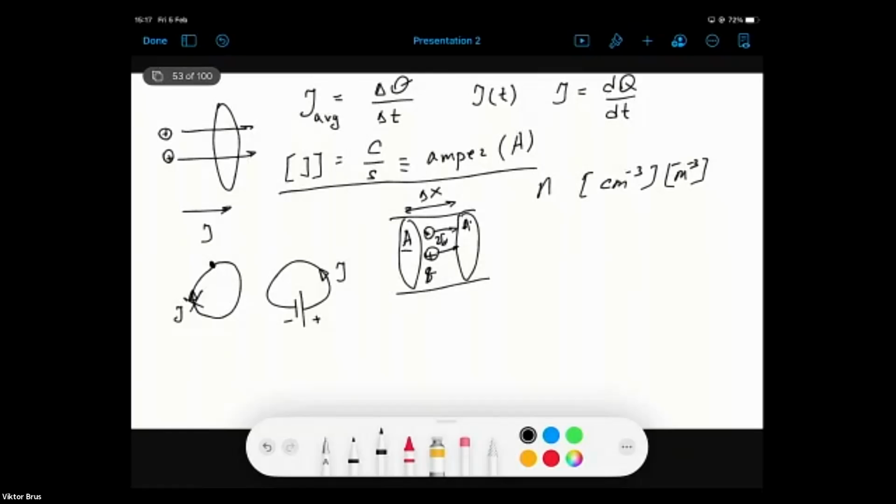Also, keep in mind, I forgot to mention it, that the direction of electric current is conventionally considered as the direction of movement of positive charges. So if positive charges create electric current, then the direction of electric current and the drift velocity of these charges will be in the same direction.